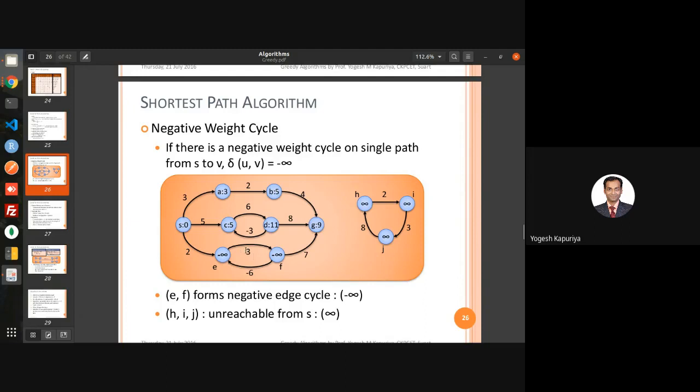If you find the sum of the weights of all the edges, that is 3 plus minus 6, that turns out to be minus 3, which is negative. This is the case of a negative weight cycle. And when you have a negative weight cycle inside a graph, the shortest path turns out to be minus infinity for those particular vertices which are involved in the negative weight cycle.